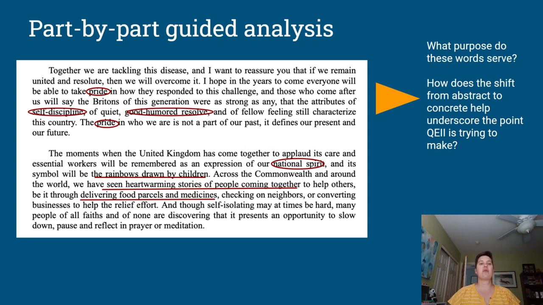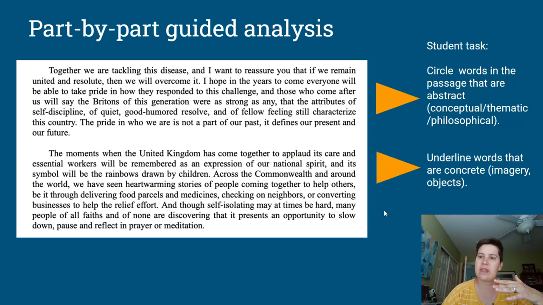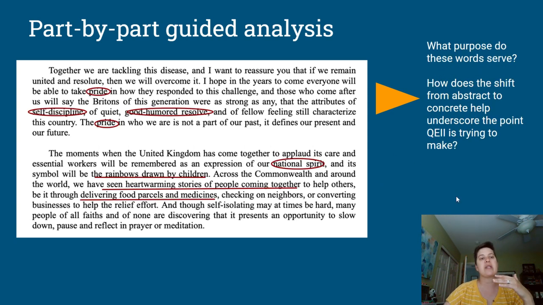Okay, so after you have done that, here are some things that perhaps you should have circled or underlined. So we have in the beginning these abstract words that we were supposed to circle. Remember that? The ones that are circled: pride, self-discipline, good-humored, resolve.